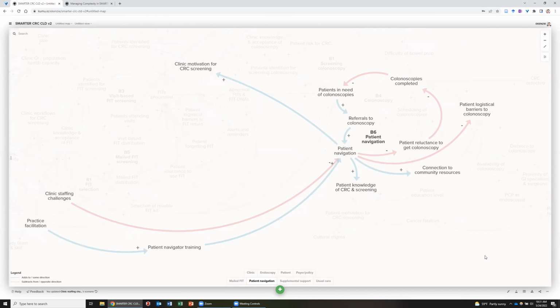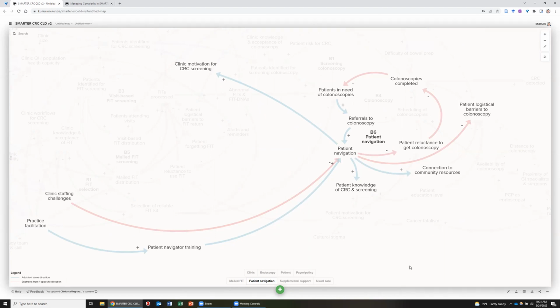One thing that is helpful with using these sorts of diagrams is interpreting unintended consequences. So for example, during an implementation, if you're finding that the uptake of patient navigation within the clinic isn't what you hoped it would be, you can look into here to see, okay, are our assumptions correct?